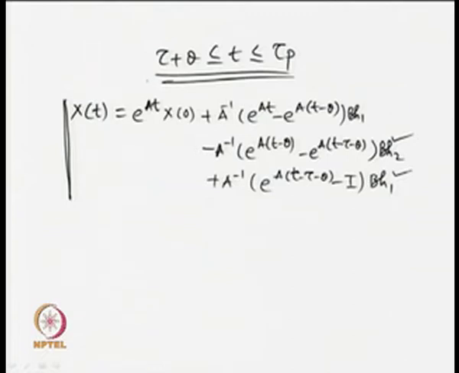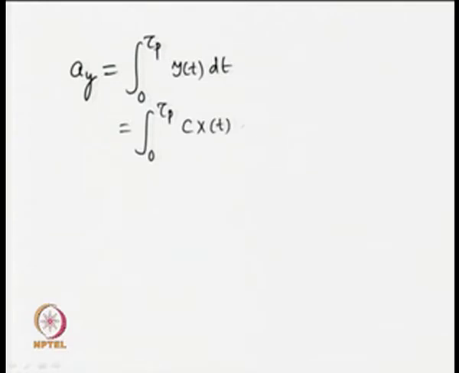We have been able to find the expression for x(t), the state variable, for different time ranges, so it is possible to find the area of the output signal using the expression. The area of the asymmetrical output signal is equal to the integral from 0 to tau p of y(t) dt, which for our case is the integral from 0 to tau p of C x(t) dt.